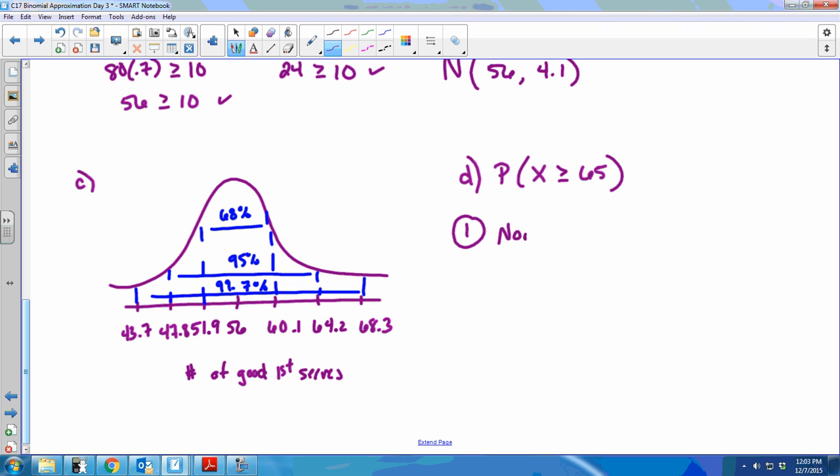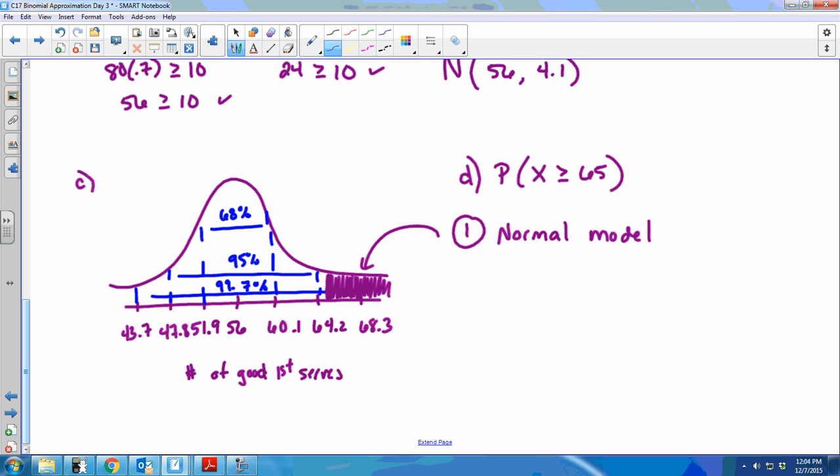So I'm going to assume that they want you to. We already have the model in part C. Right, so you can use your model. We want at least 65. 65 is in here somewhere. At least 65 means 65 and up, right? So that's the section I would want to find the probability for.